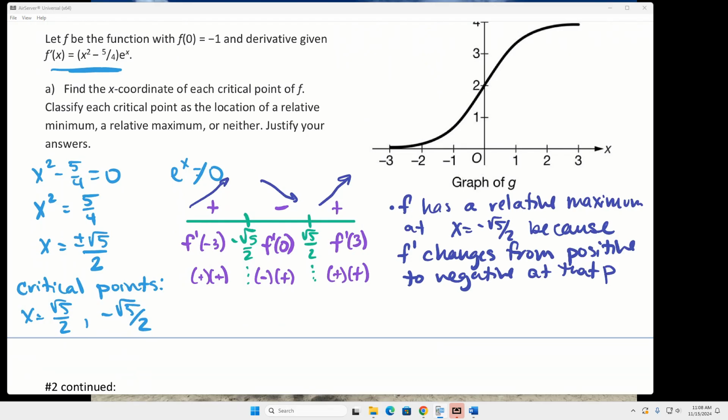If you want to say that, or you could say there, or you could say at x equals negative square root of 5 over 2. Right, and then we have a relative minimum at the other one, the other critical number.